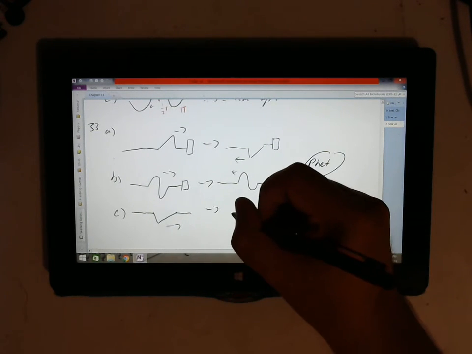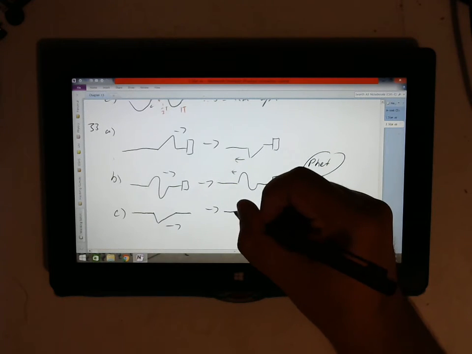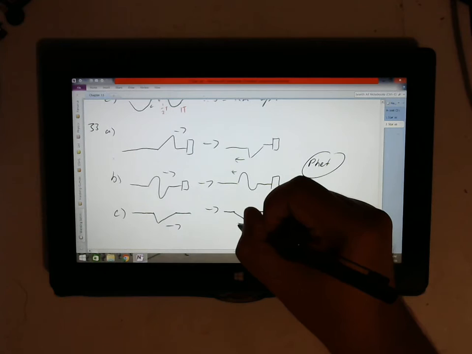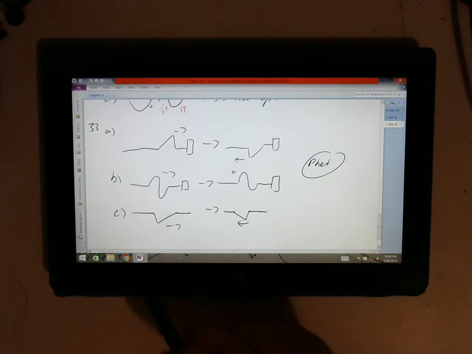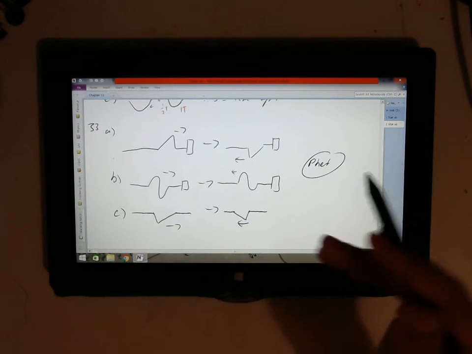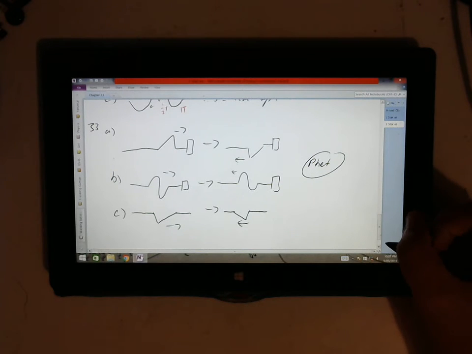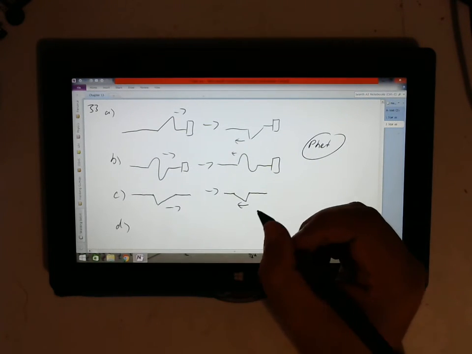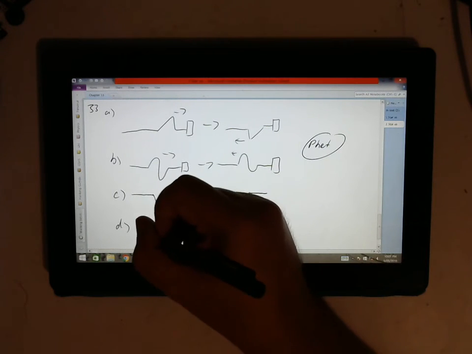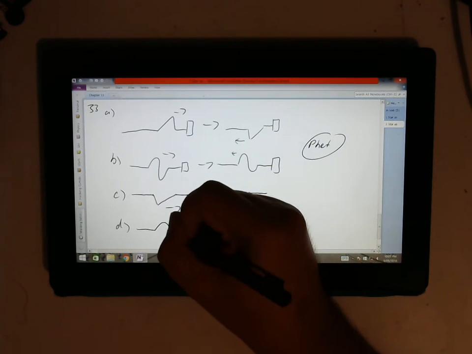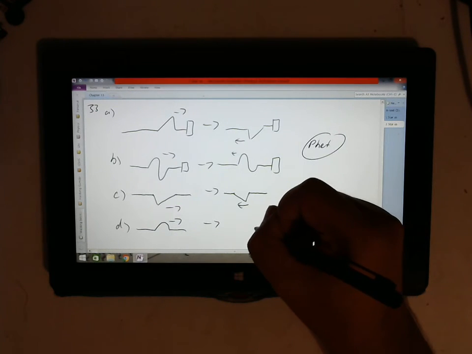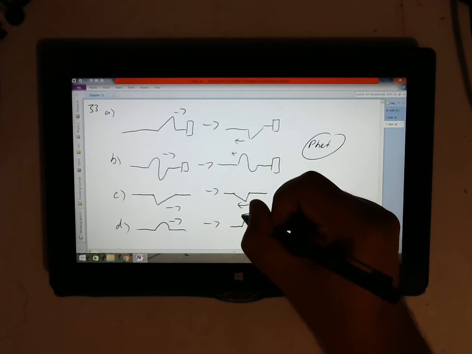So when it comes back, it will be gentle, steep, just the motion will change. The wave will still invert horizontally, but it won't invert across the face. D: we've just got a simple arch in this case, so if it's going that way, on the way back it will look the same.